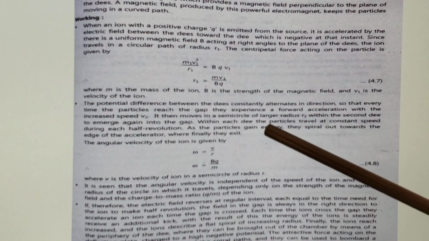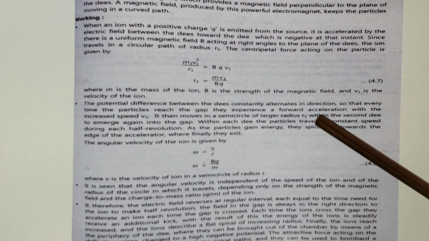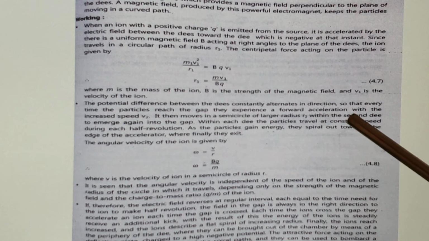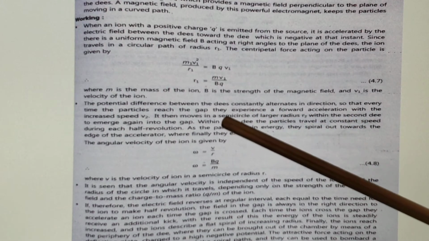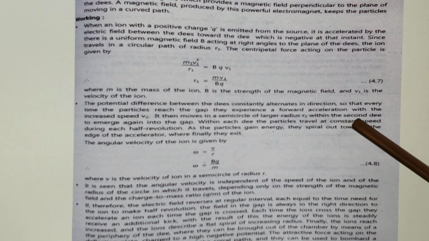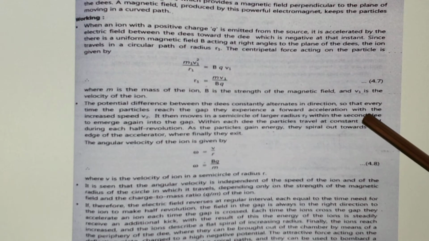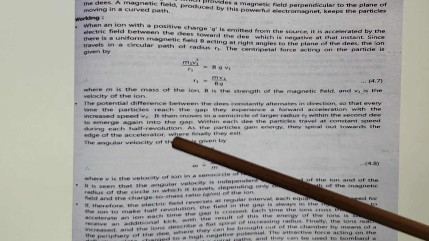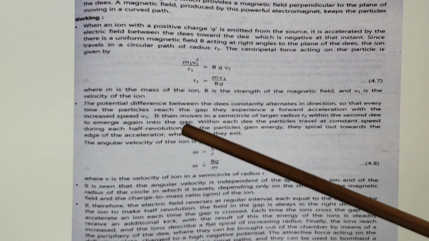The potential difference between the Ds constantly alternates in direction. So every time the particles reach the gap, they experience a forward acceleration with the increased speed v2.